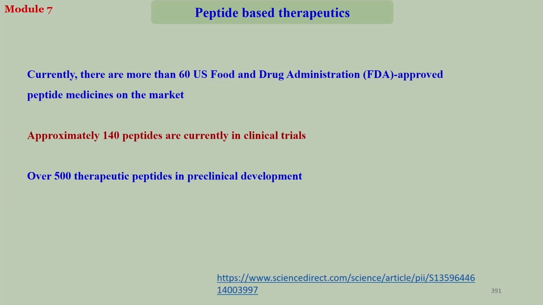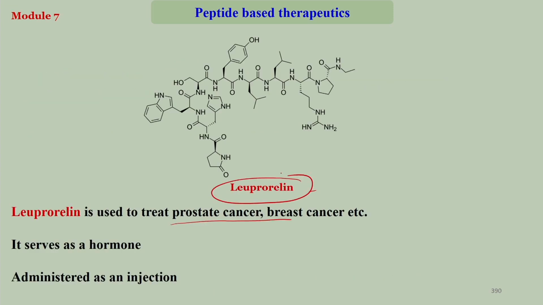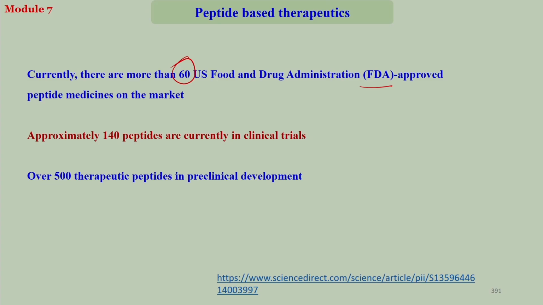Currently, there are around 60 peptides that are FDA approved medicines present in the market, and they have a huge turnover, billions of dollars actually. For example, this drug has an annual turnover of around $7 billion. So, 60 peptide based therapeutic agents are present in the market, and they are used as medicines.